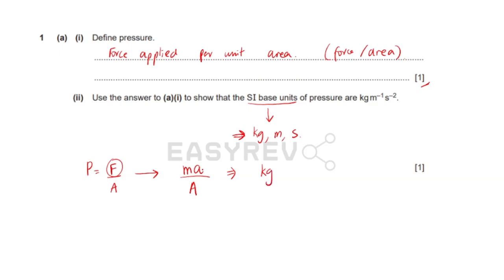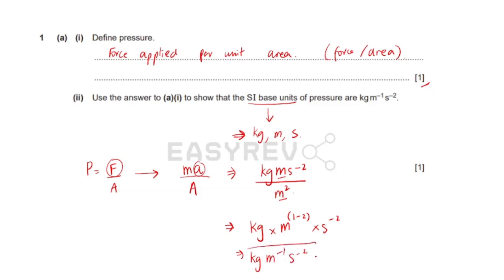For acceleration, I know the SI unit is meters per second squared, divided by the SI unit for area, which should be meter squared. To simplify things now, it's just a matter of resolving the meter indices. So I can write kg and per second squared as it is. But for meters, I have to resolve it and simplify the indices: 1 minus 2. And in the end, I should get kg per meter per second squared. So that's the answer we have proven correctly.